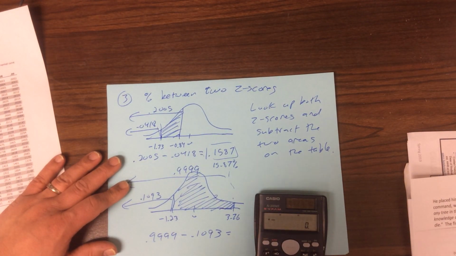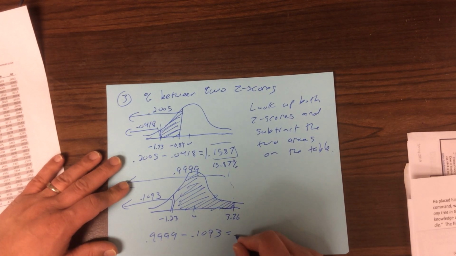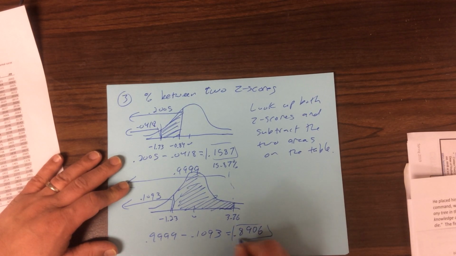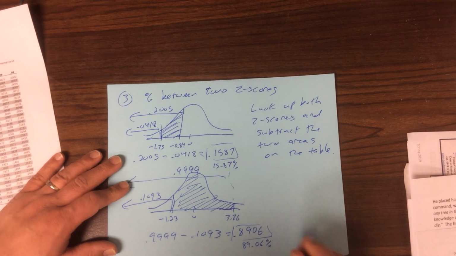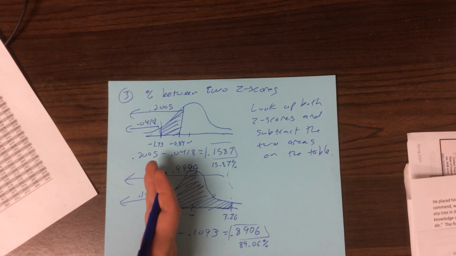Okay, so it's 0.9999 minus 0.1093, and you get 0.8906, which is like 89.06%.